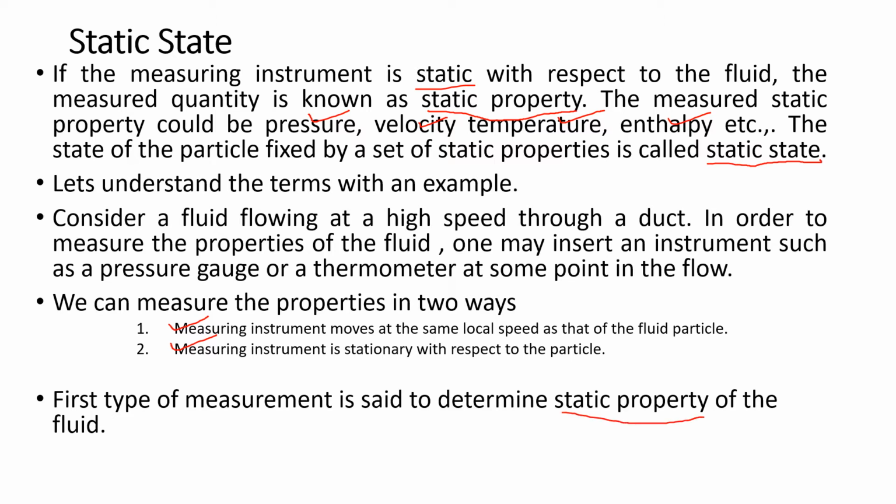If you go by the first method, that is, if you make sure that there is no relative motion between the measuring instrument and the fluid particle, then that property we call static property. That is how you measure. But practically it's not possible, right? You cannot move the measuring instrument along with the speed of the fluid particle.